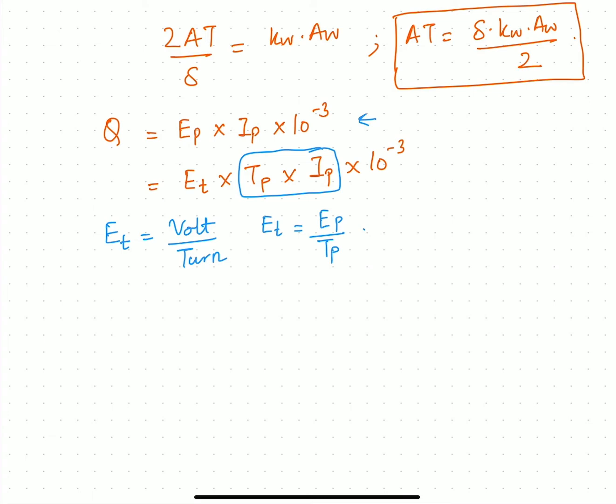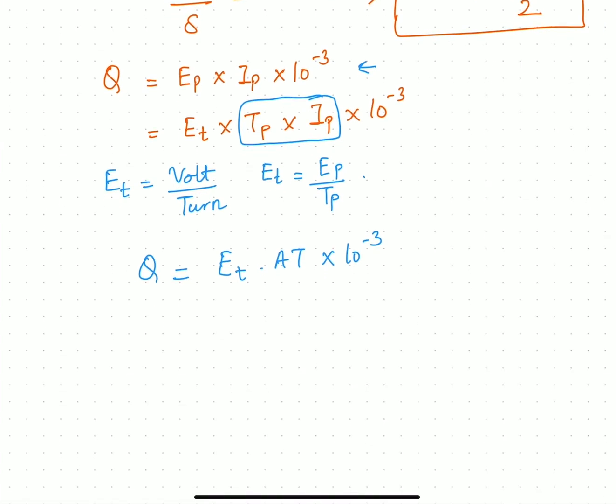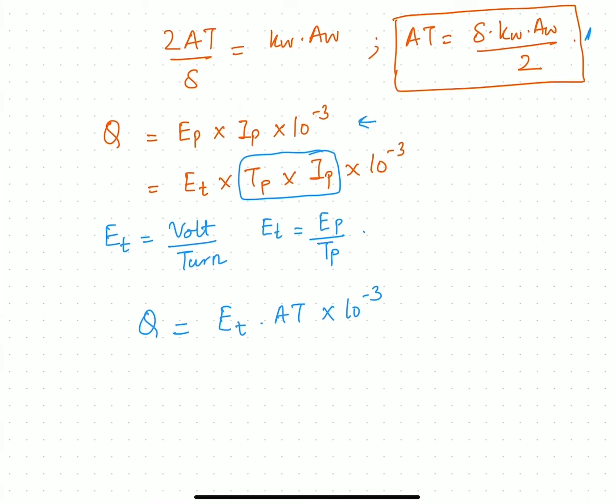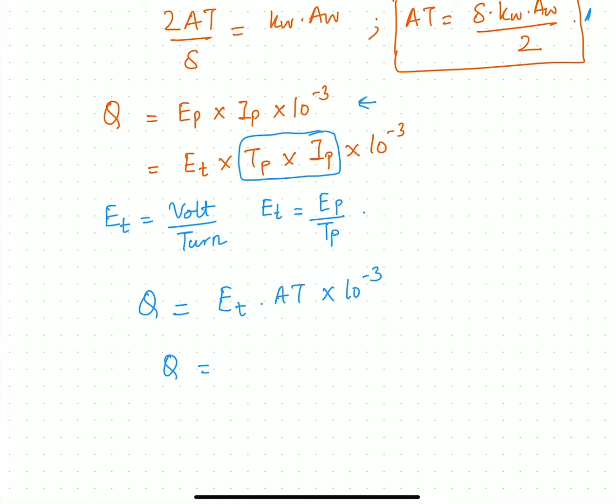So you can say that this Q then translates to ET times AT into 10 to the power minus 3, and if you substitute the value of the MMF obtained here, you can get ET times delta times kW AW by 2 into 10 to the power minus 3.